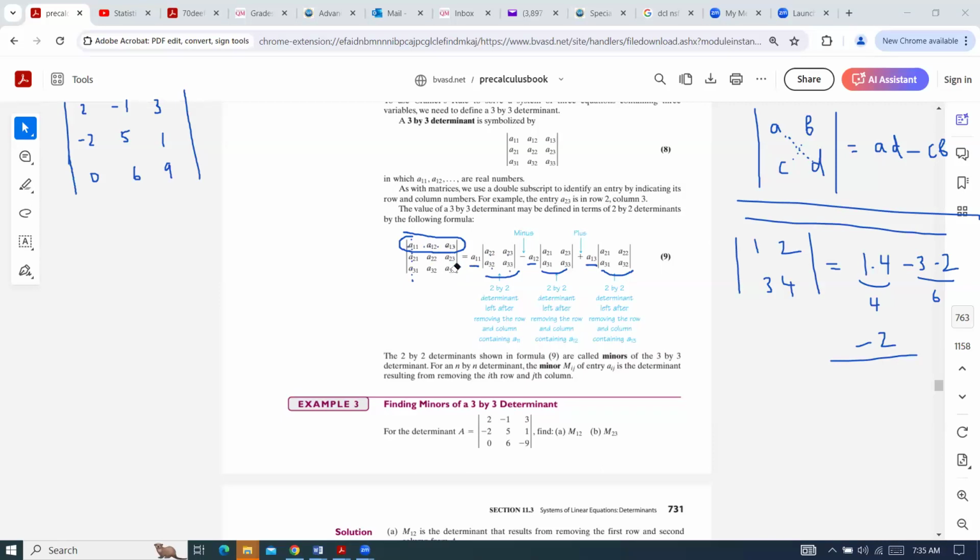Then the next entry is in the second column, because it's in the second column and it's still the first row. The entries that will compose the determinant will be 2 of them, not in the first row and not in the second column, and the other part. And you can see exactly them here, and here's another part.